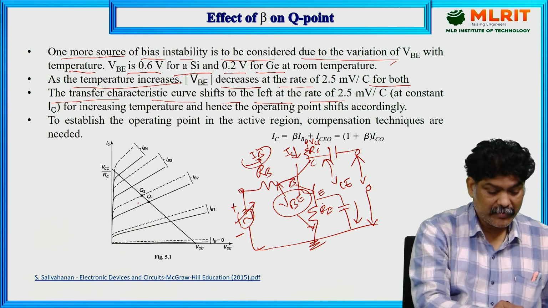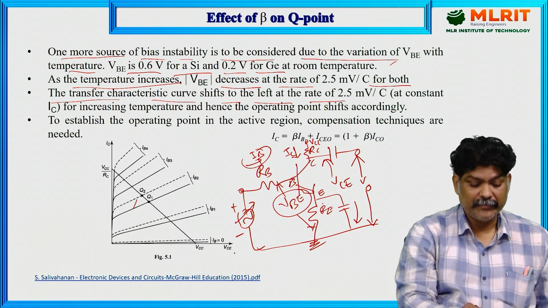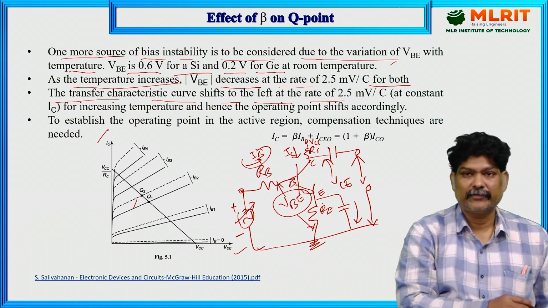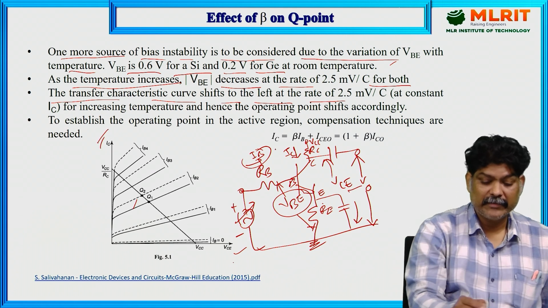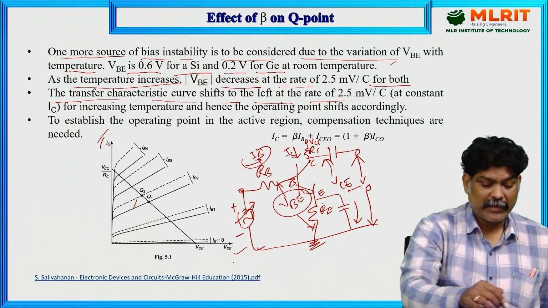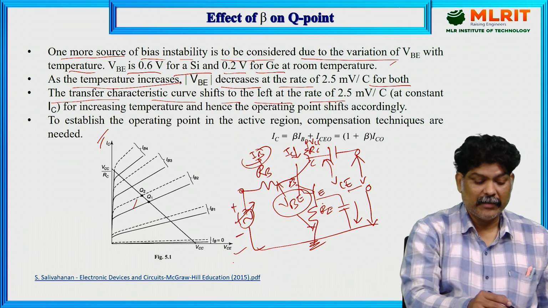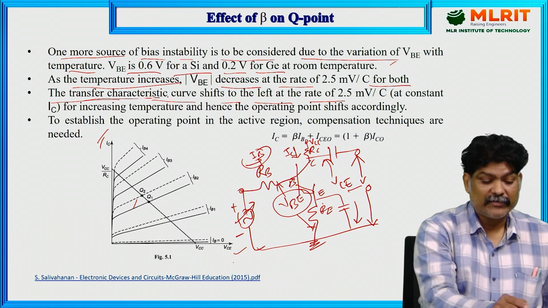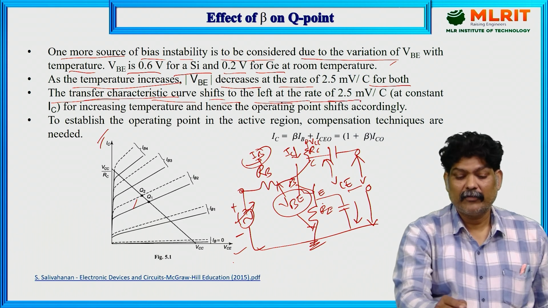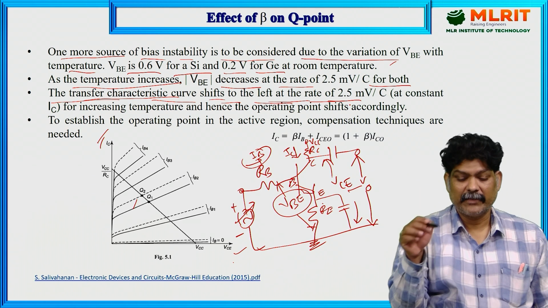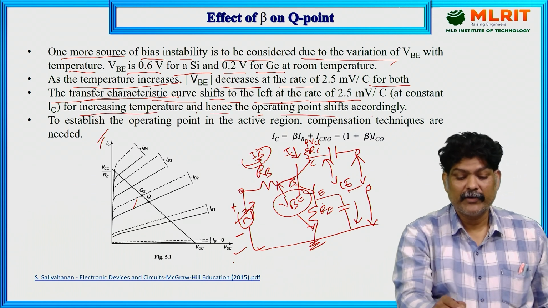You can observe here the output characteristic curve of the CE amplifier. VCE is the output voltage and IC is the output current. If you draw the characteristics between these two, the transfer characteristics shift to the left at the rate of 2.5 millivolt per degree centigrade for increasing temperature, and hence the operating point shifts accordingly.